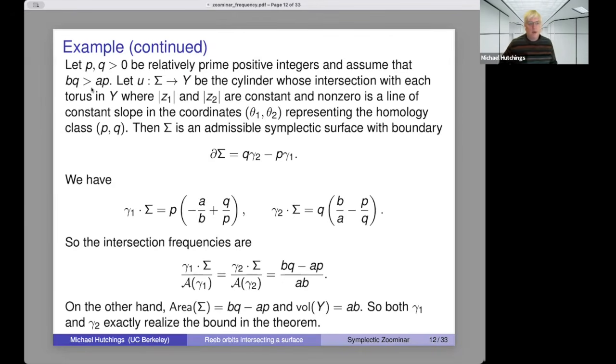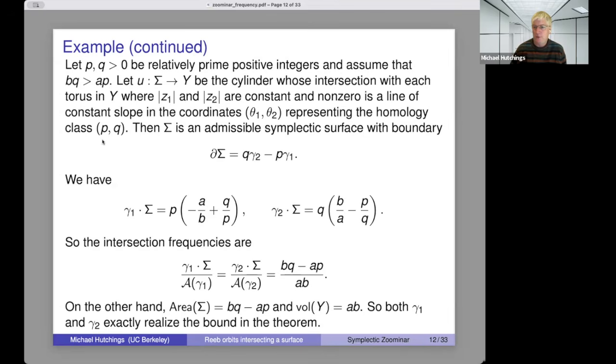I can make a cylinder. So you look at a subset of Y where the absolute values of z1 and z2 are constant and non-zero. So that subset is a 2-torus, because theta 1 and theta 2 can be anything. And in that 2-torus, I take a line of constant slope, which is in the homology class (p, q).